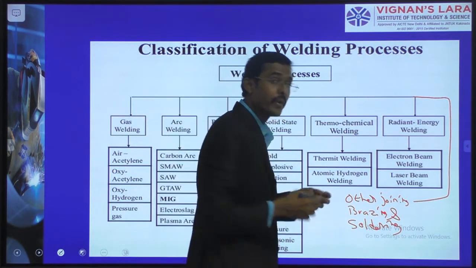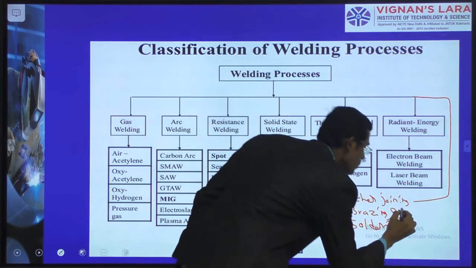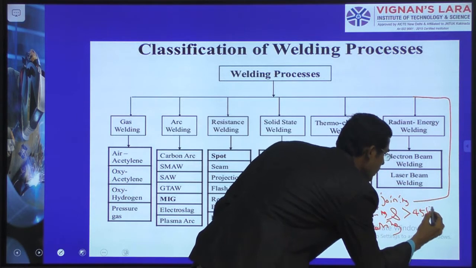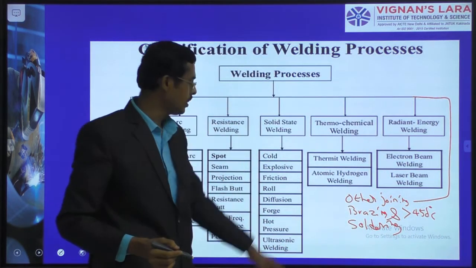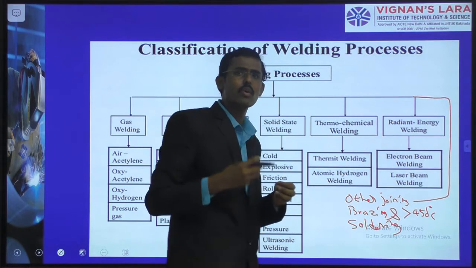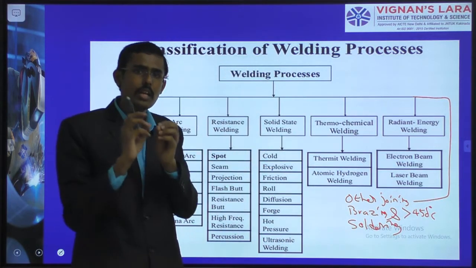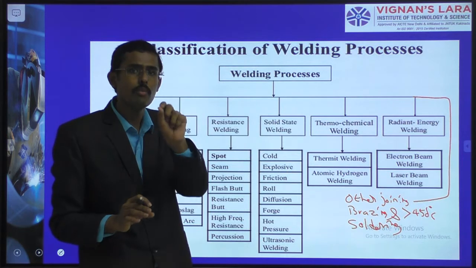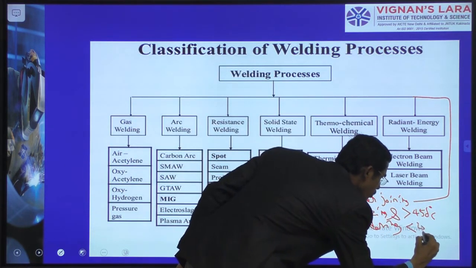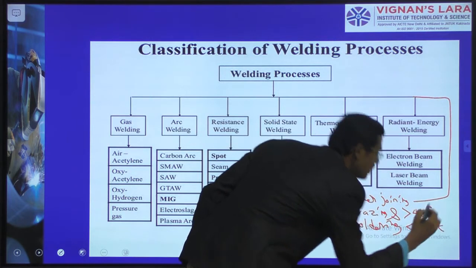The temperature in brazing will be greater than 450 degrees centigrade, and similarly for soldering, the entire process completes by melting only the filler material. For melting the filler material, the heat input temperature is less than 450. So this is a simple understanding.